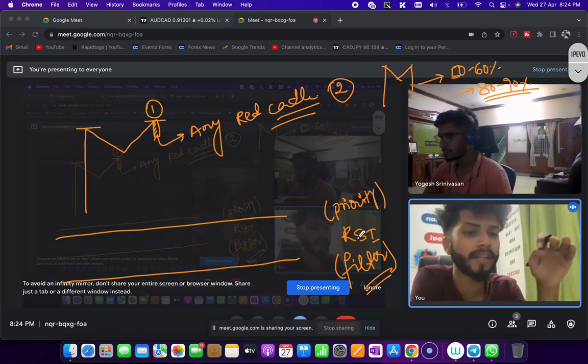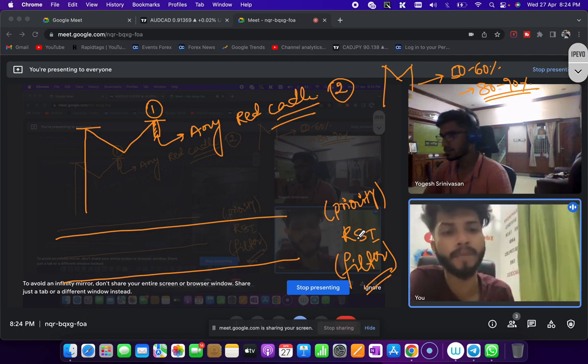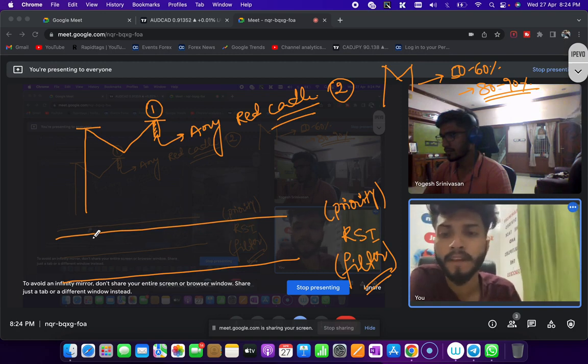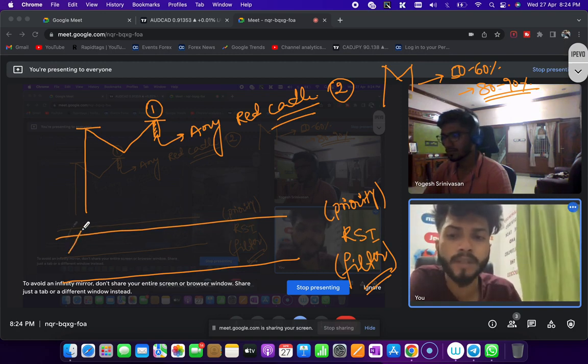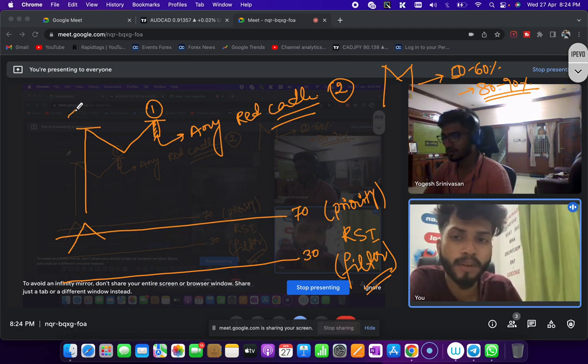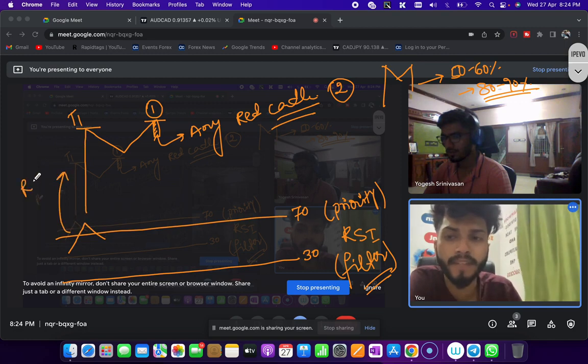It is not simple divergence. Let me tell you how we utilize this, and why this particular strategy works. If you observe, there is a band of 70 and 30, which we have discussed. On the first top, let's say T1, the value of RSI should be greater than 70.